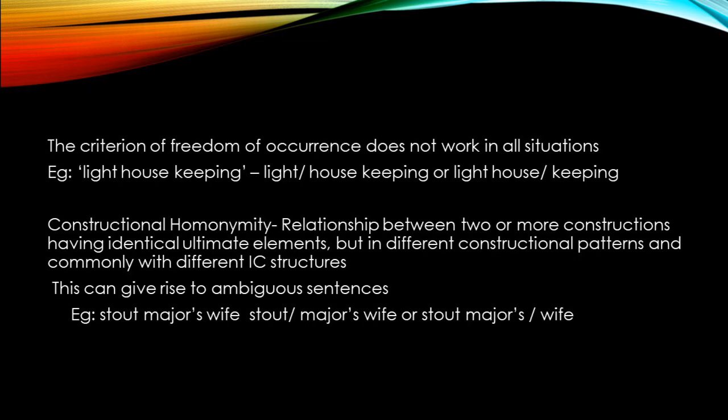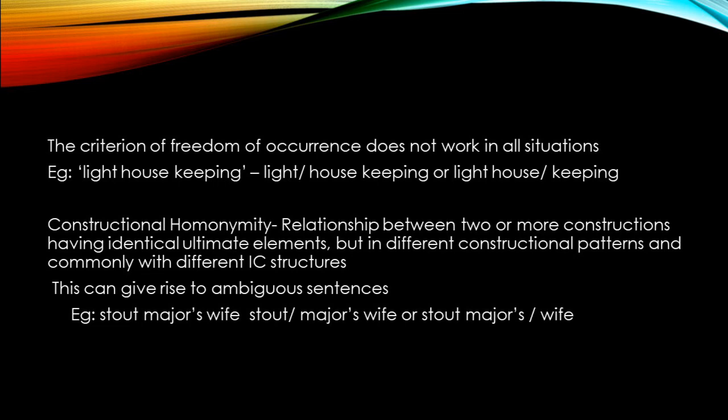Now, it is because of this constructional homonymity that certain sentences appear to be quite ambiguous, because these sentences will have two different IC analyses. For example, let us take Stout Major's wife. It is an ambiguous sentence, and it is also a reason for us to laugh, because this is a sentence that can have two different meanings, right?